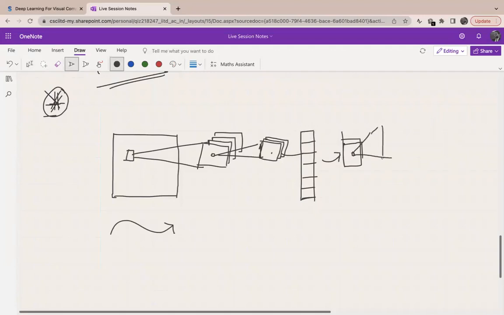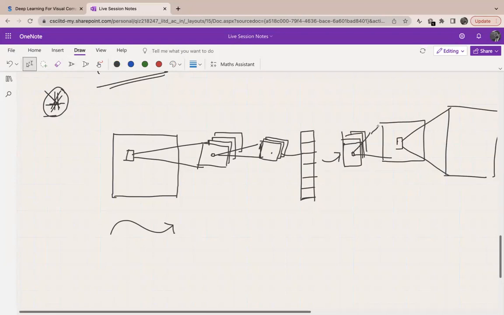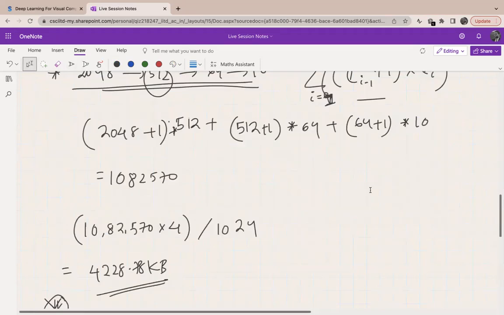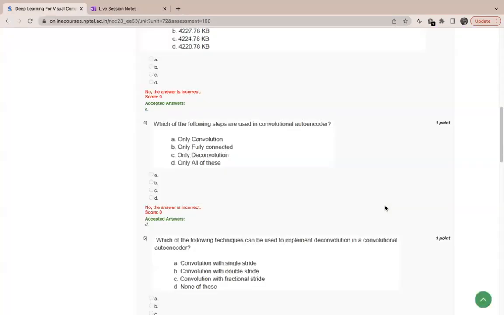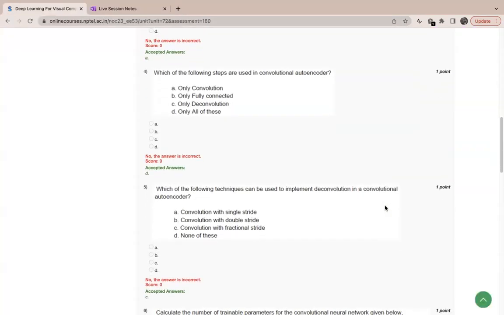In the deconvolution, we take an image and deconvolve around it to get a bigger image like this. So the question is, which of the following steps are used in convolutional autoencoder?